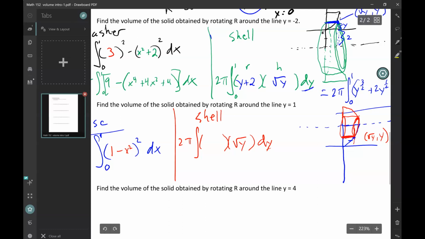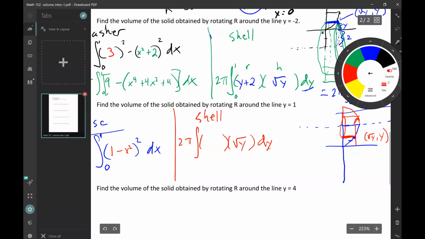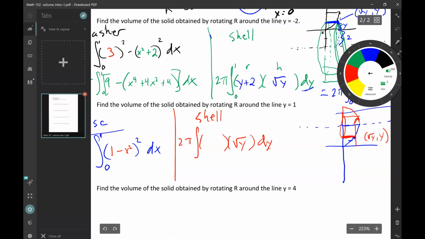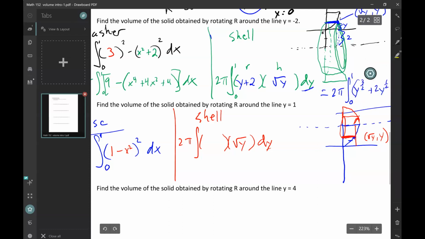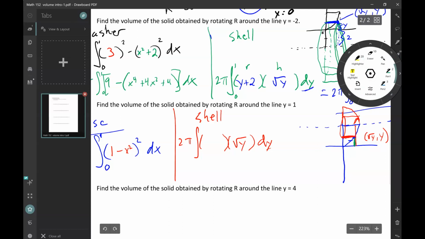So if we use the same color as we did before, the whole line is red. The thing I know is green, and the thing I want is blue. So notice that once again the blue is red minus green.